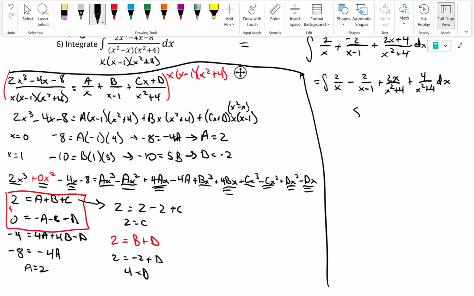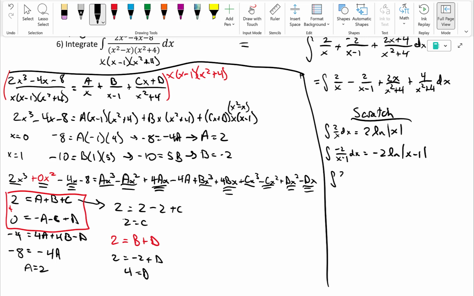The last two we can show some work for, so let's write some scratch right in the middle, and then we'll reconvene at the bottom. But the integral of 2 over x dx is just 2 natural log x. The integral of minus 2 over x minus 1 dx is minus 2 ln x minus 1.